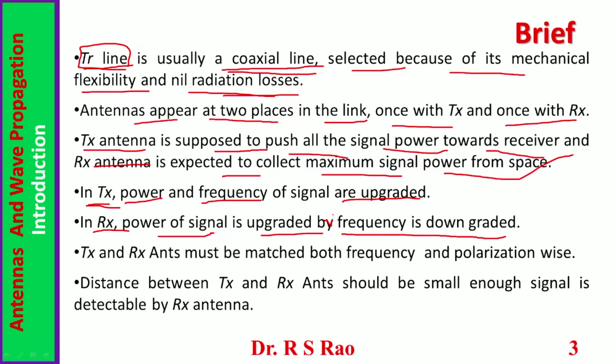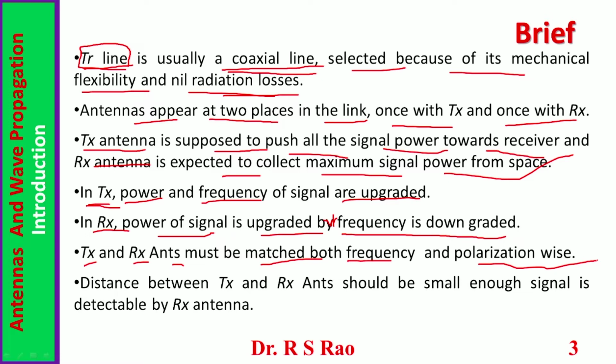Here it is, but transmitter and receiver antennas must be matched both frequency wise and also polarization wise. If the transmitting antenna is emitting a frequency F, then the receiving antenna must be designed so that it becomes capable of receiving that frequency F. It is called frequency match.